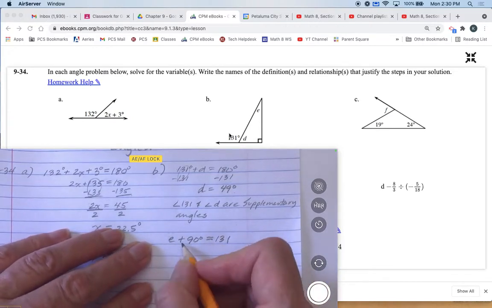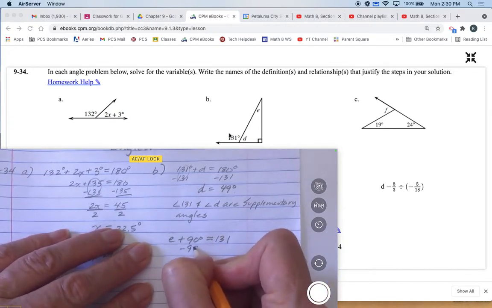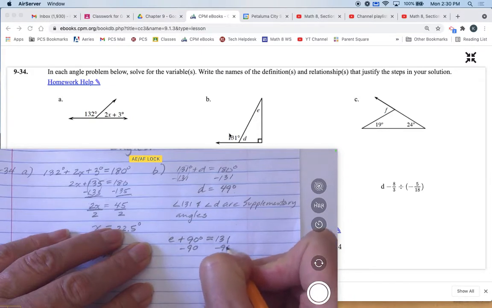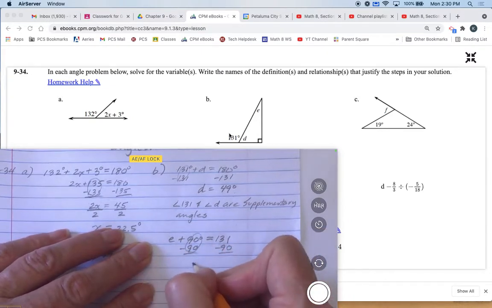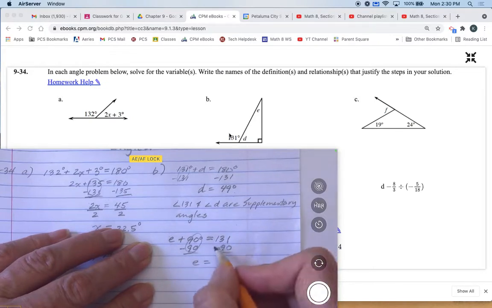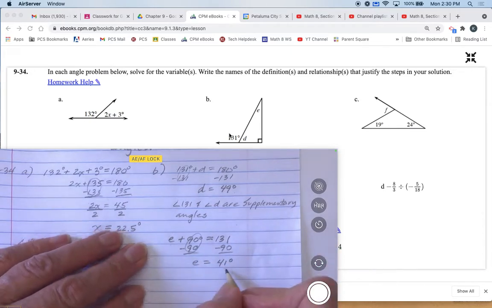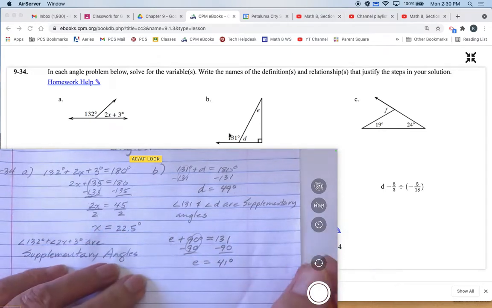So now I can just use equation solving skills and subtract 90 from both sides, and it zeroes out here. E drops down here, and then 131 minus 90 would be 41 degrees. And so now I know that E is 41.